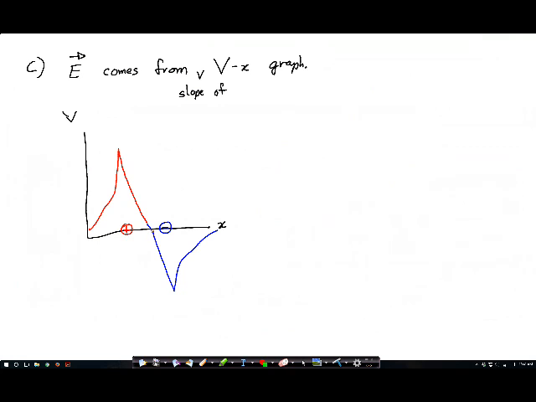So there is a point in between where it's equal to 0, and it turns out that point is here, because when you add these two things up, we basically have that the potential is 0 here.